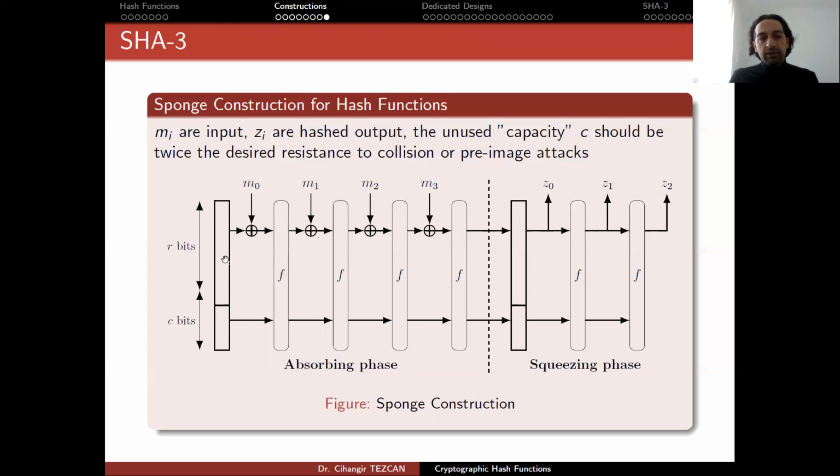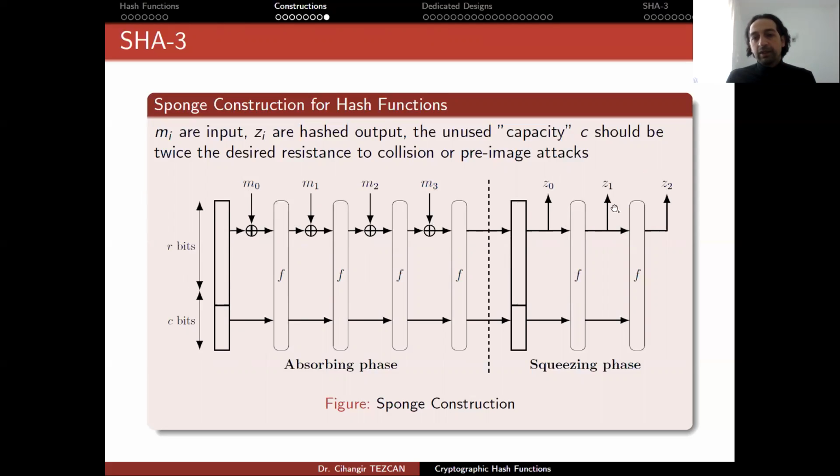This internal state, you start putting your message parts into it and perform some operation on this internal state, some kind of permutation, then keep putting the messages inside this big state. Finally, when your messages are all over, you start to produce outputs and perform the F function again and keep producing outputs. So it is like a sponge.